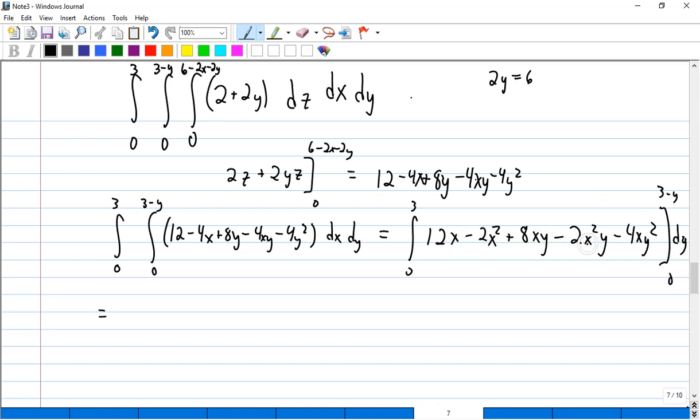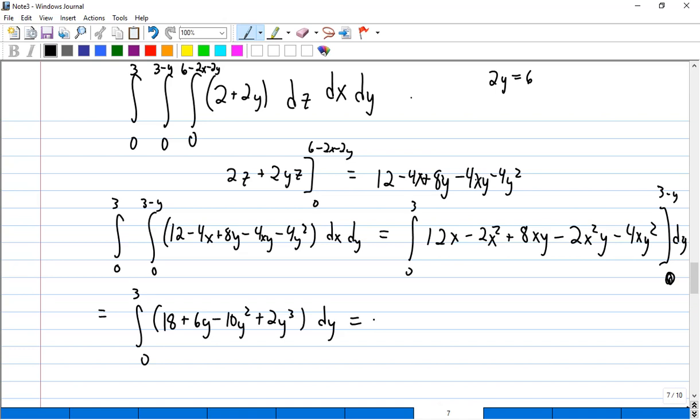That is going to take a little algebra time to do, but to save time, I'll tell you what that's going to be. Once you plug all that in, and then you plug in a 0, which will give you all zeros, you're going to end up with 18 plus 6y minus 10y squared plus 2y cubed dy. So that's what you get if you just plug it in and then do the algebra.